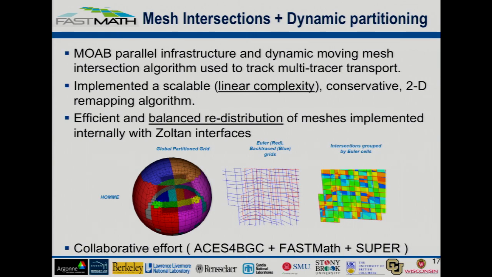And the advected solution for the tracer transport is also remapped during this process. And we have had good success doing this too. This was in collaboration with several other institutes.